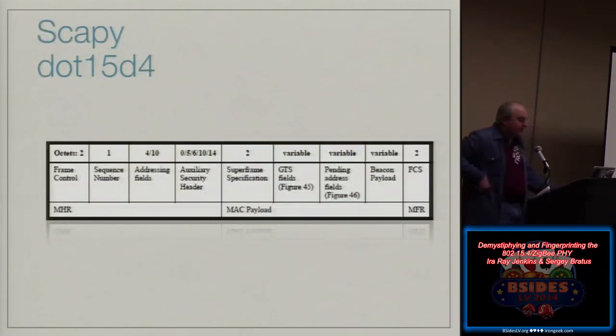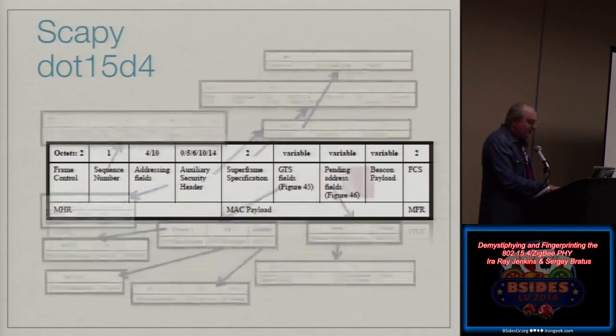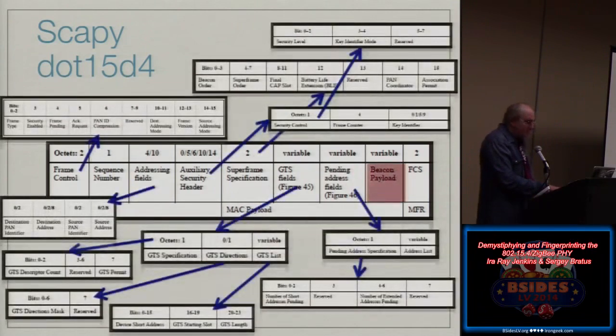We have a suite of tools for Scapy, with which you can make 15.4 frames. And 15.4 frames are simpler than 802.11 frames. And that's the most you can say for them, because they aren't really all that simple.